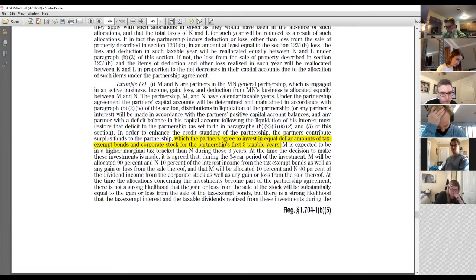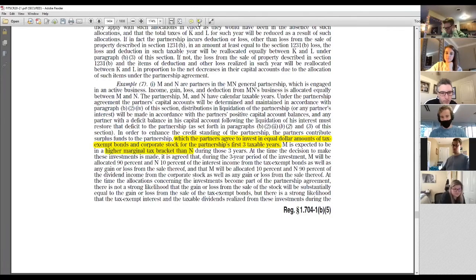And this was before dividends were preferentially taxed. So this is back when dividends were ordinary income. So there's going to be ordinary dividends and tax-exempt interest that are generated. And M is expected to be in a higher bracket than N. This is important.